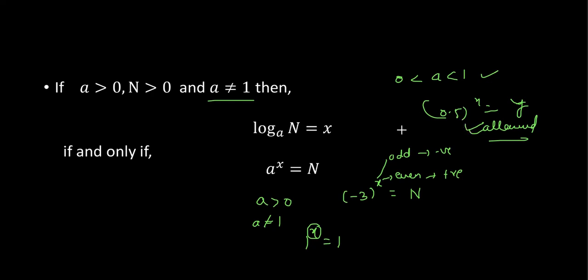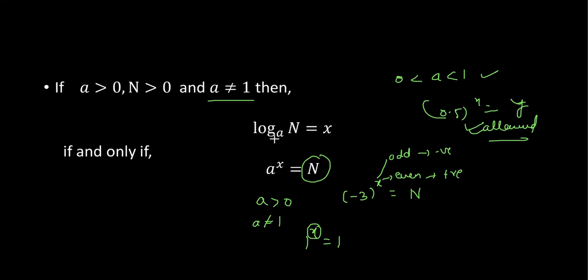And this number n should be positive. Log of only positive numbers is allowed, right? Because the same case here is that if n has to be negative, then the base has to be negative, and the exponent has to be an odd number. So there are various conditions involved if n has to be negative.